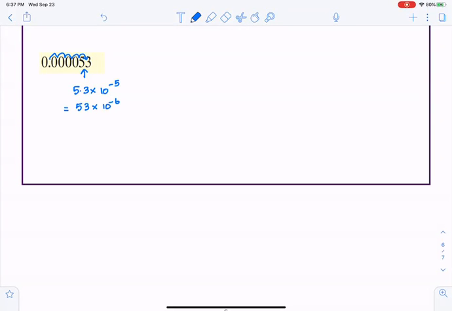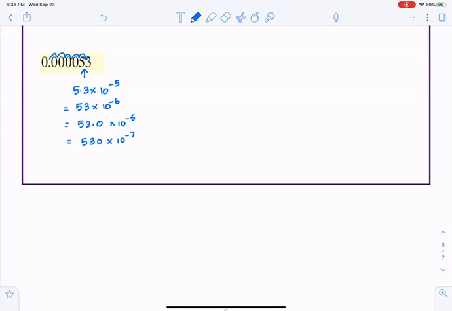But keep in mind, 53 is 53.0, as I mentioned earlier. So you may say, oh, let me move it one more time to the right. So I can write it as 530 times 10 raised negative 7.